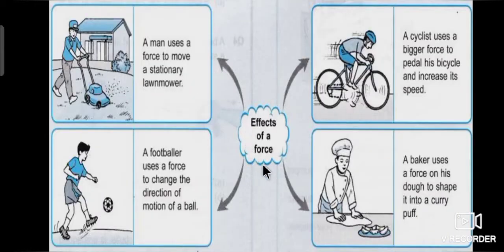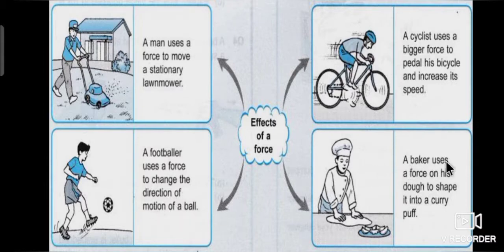Now, we will study about effects of a force. First, a man uses a force to move a stationary lawnmower. Second, a cyclist uses a bigger force to pedal his bicycle and increases its speed. Third, a footballer uses a force to change the direction of motion of a ball.